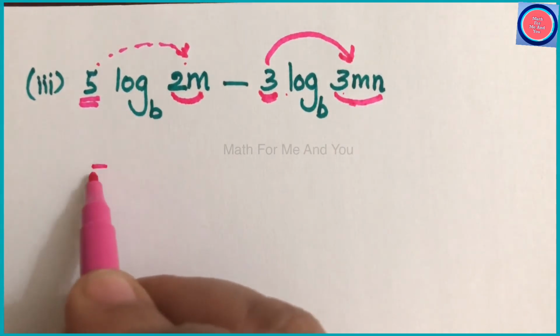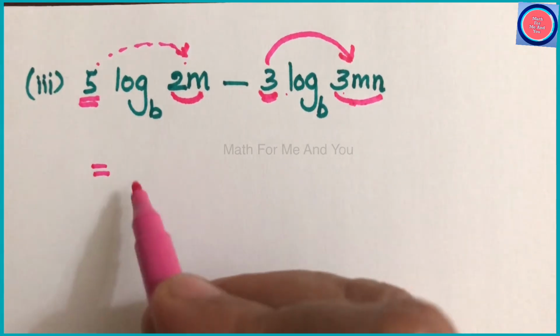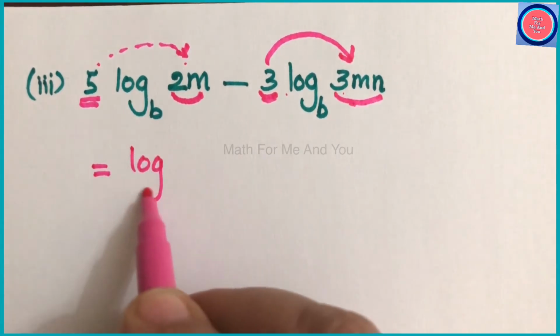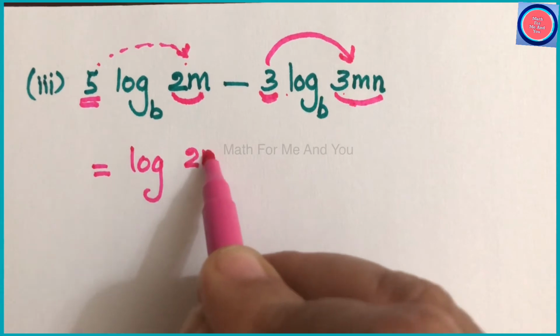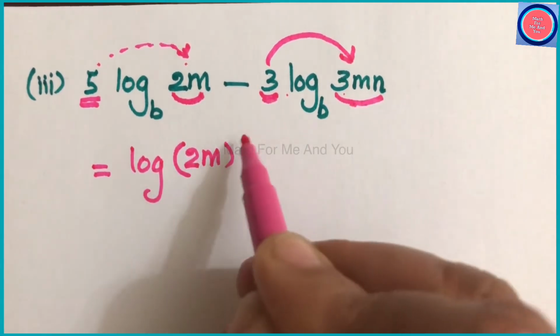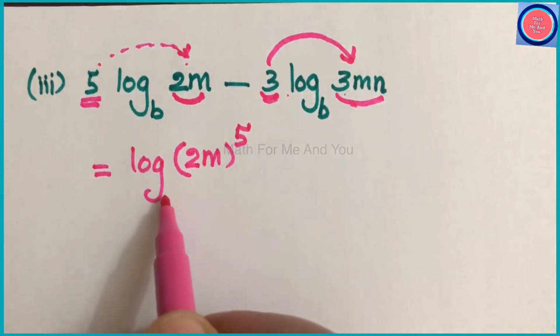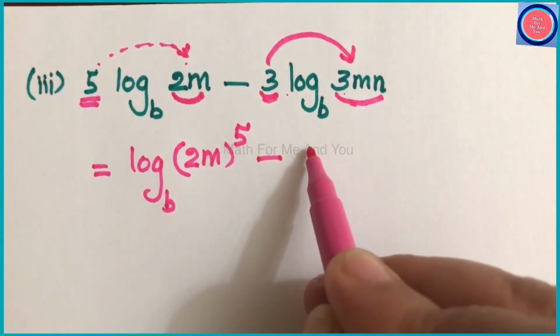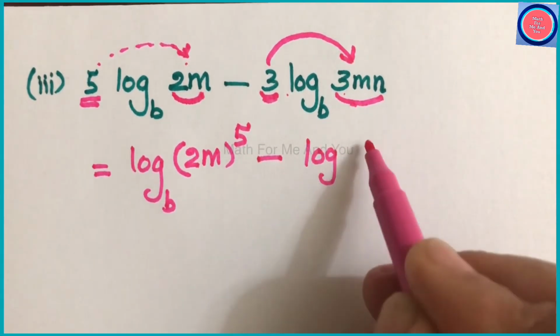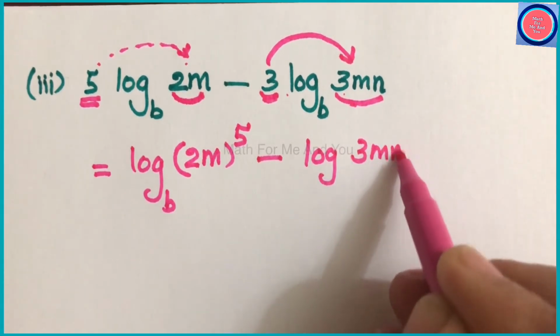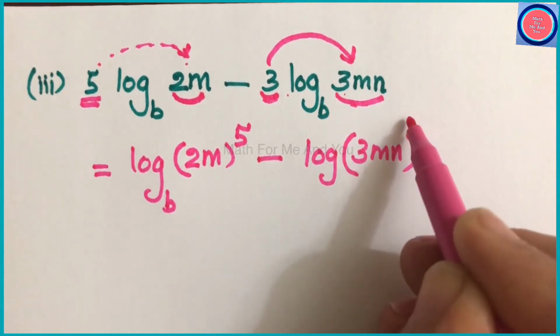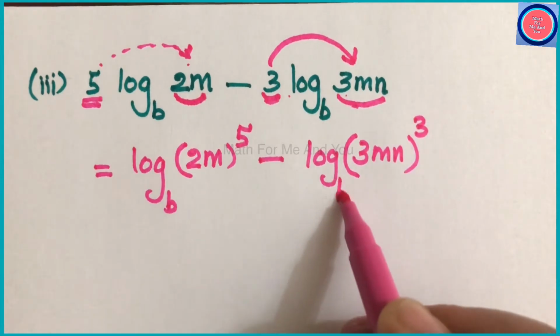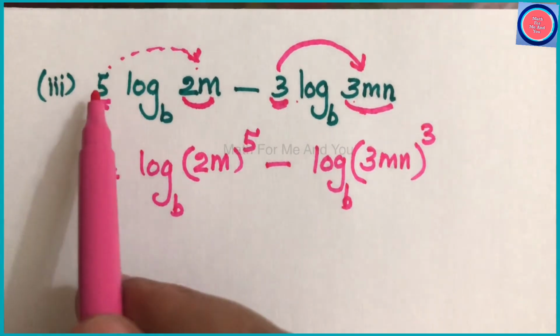Then we can write log 2m the power 5 with the base b. 2m we keep in bracket because all with the power 5, minus log 3mn. Also we keep 3mn in bracket and give the power 3 for all these terms, to the base b.